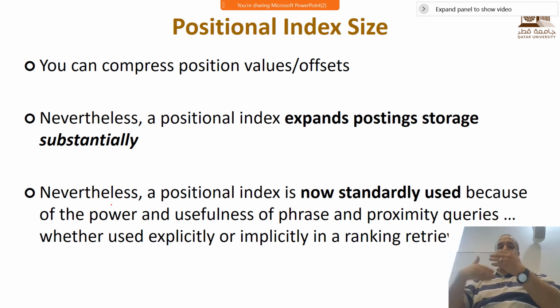If you remember what kind of results you get from search engines, the documents that have the words close to each other are usually much higher in the result list than the documents that have the words far from each other, which means that there are proximity measures used in retrieving the results.